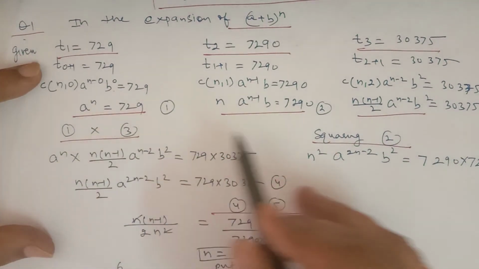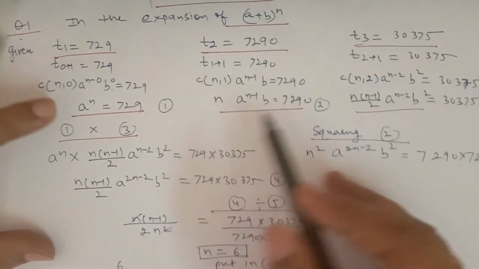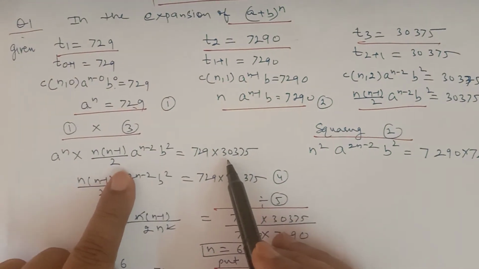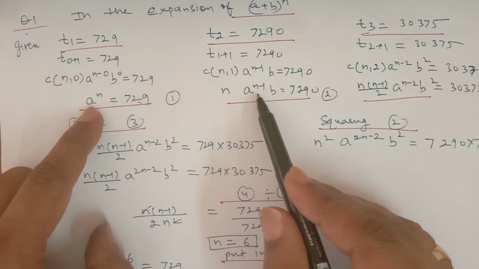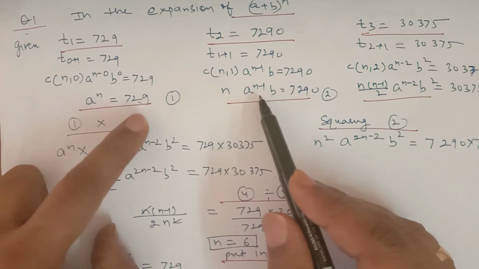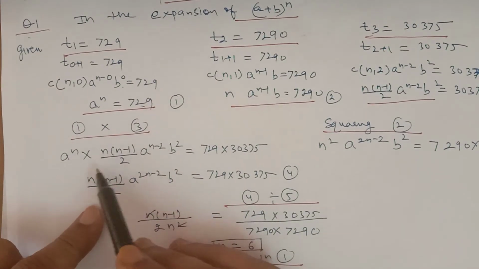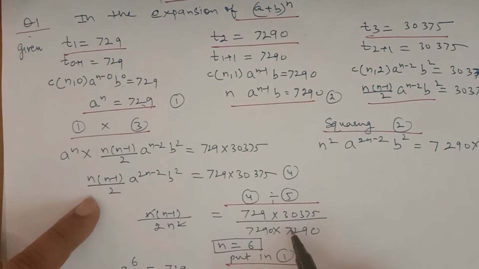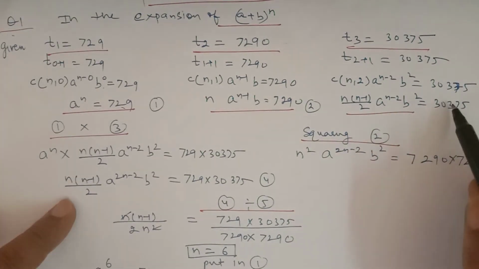I am solving it by multiplying the first and the second equation. So multiply left with left and right with right, I am getting this. So see it very carefully. This is a raised to power n plus a raised to power n minus 1, n and b, and right inside 7290. So simplify this, I am getting n minus 1 upon n equal to this fourth term, and the third is this.